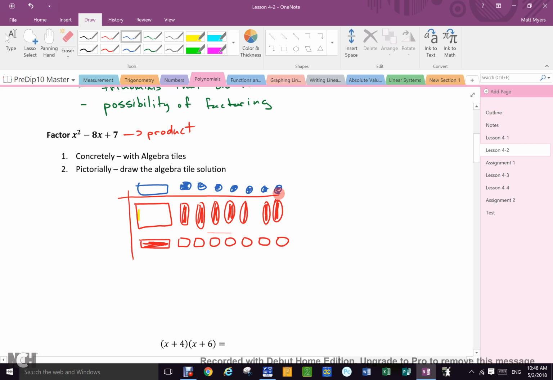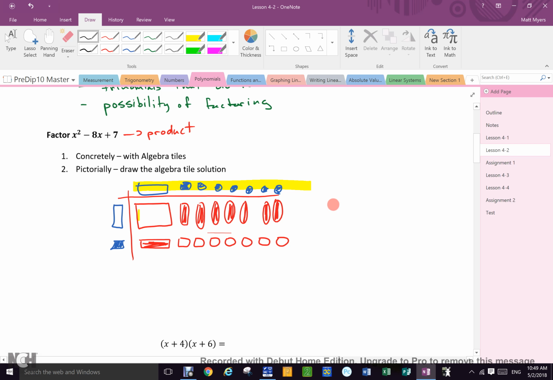Why is the x positive? What is this? X. What is this? But it's negative, so that's negative. Now what are the factors of this? Where do factors live? Factors live on the outside. What is that?